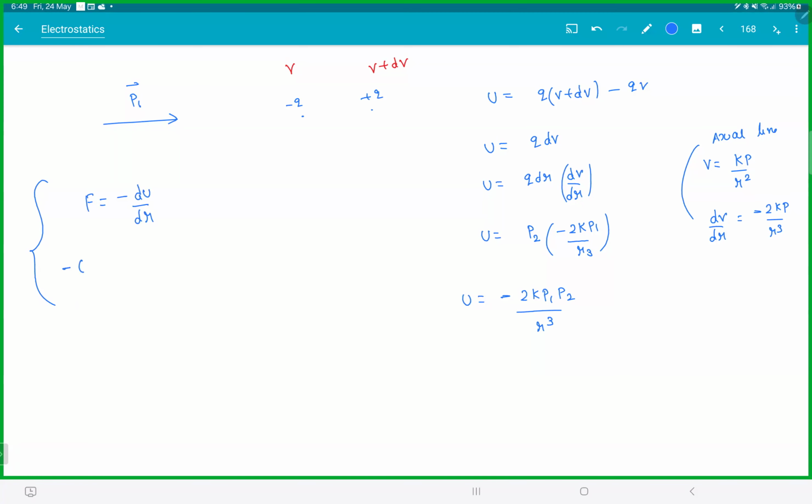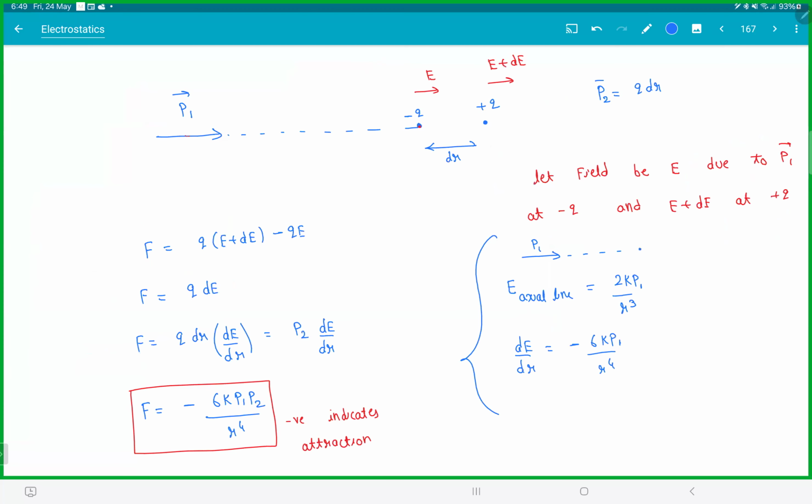And you already know the force value, 6k p1 p2 by r power 4 is equal to minus dU by dr, and integrate them. Limits will go from r to infinity, because at infinity you take potential energy as 0. That also would have worked.